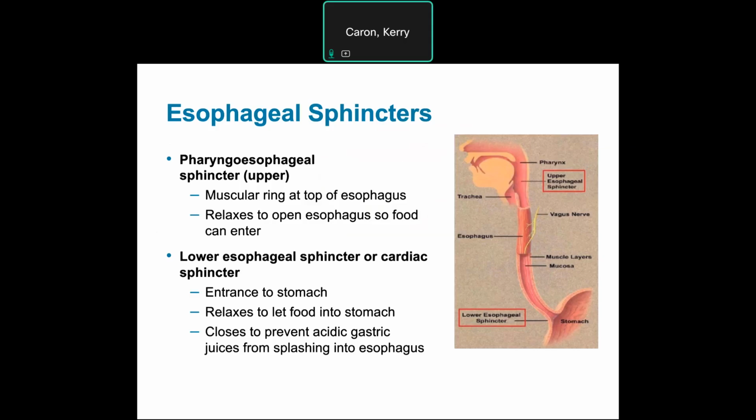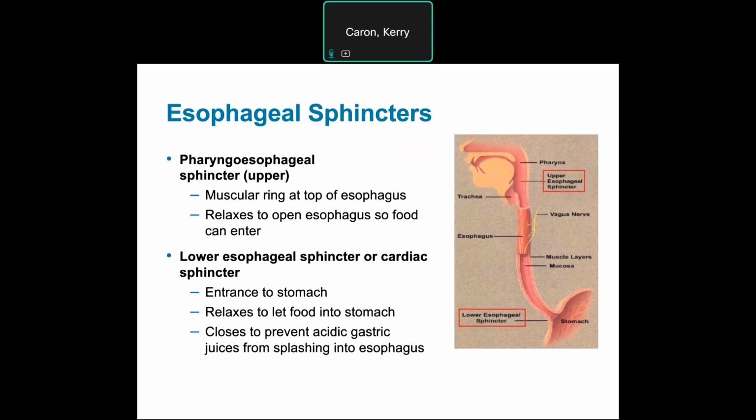Moving down, peristalsis down the esophagus, we have the lower esophageal sphincter, or we also commonly call that the cardiac sphincter. That is the entrance to the stomach, and that relaxes to let food in. It also protects the esophagus because that stomach acid, if you remember, has a pH of 2, very, very, very acidic.